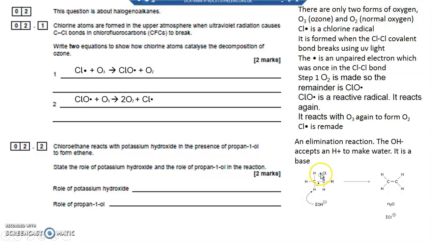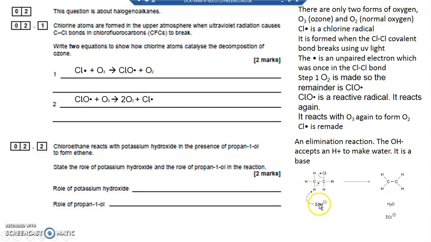It's a 3-arrow mechanism where the OH minus uses its lone pair to attack an H on the C next to the C of the Cl. If you find the Cl and trace it back, the Cl is joined to that C, which is joined to a neighbouring C, and it's one of these H's on the neighbouring C that gets attacked.